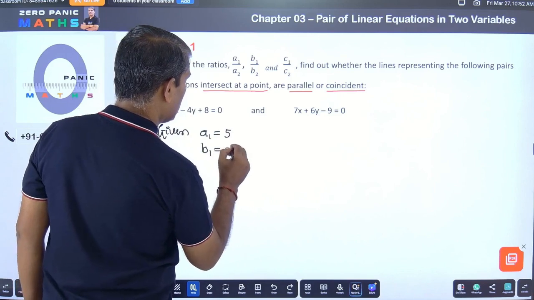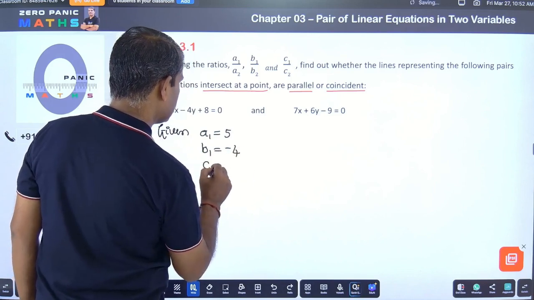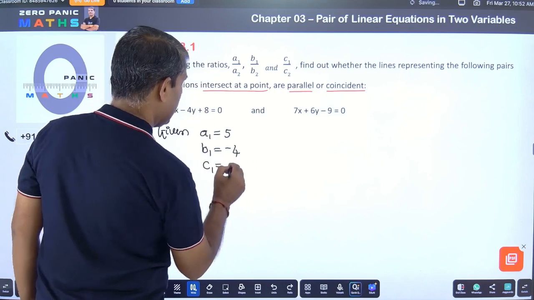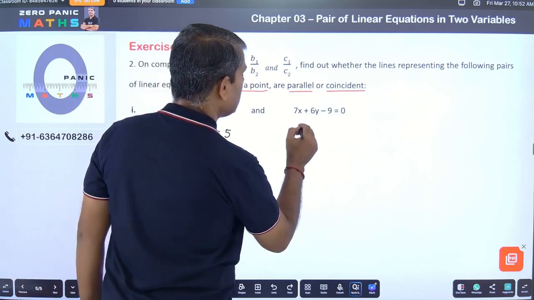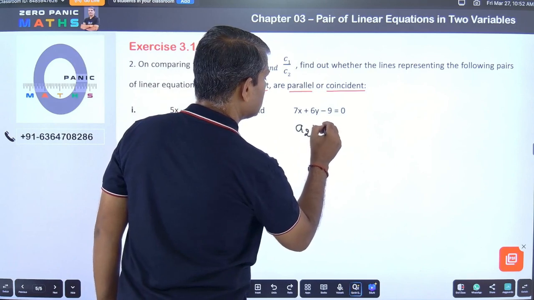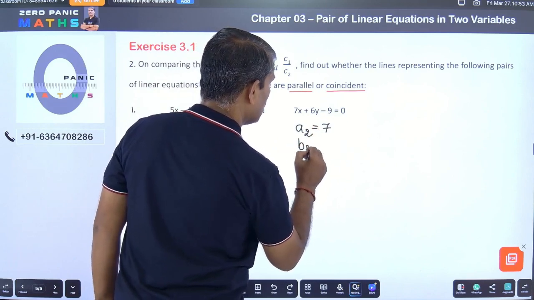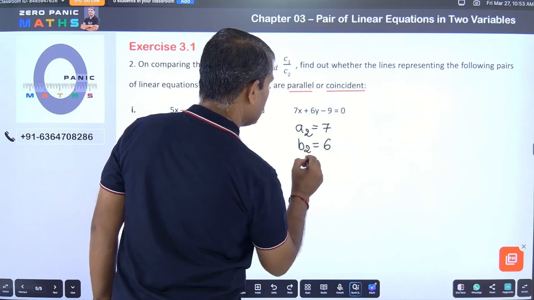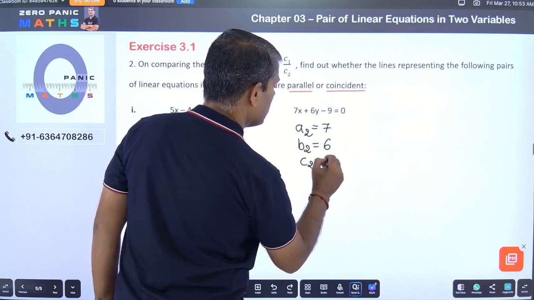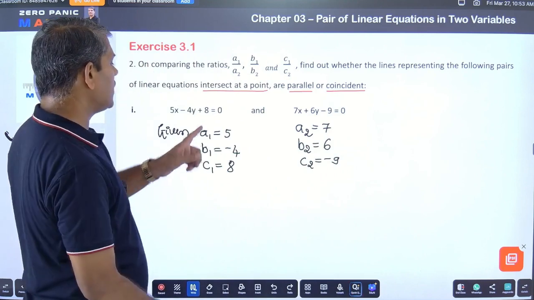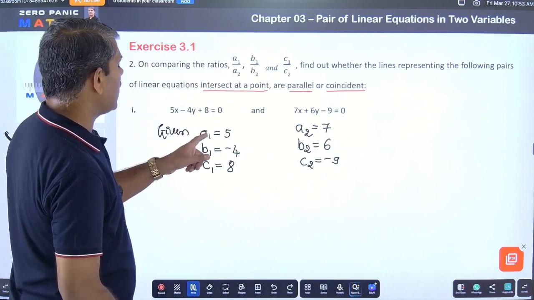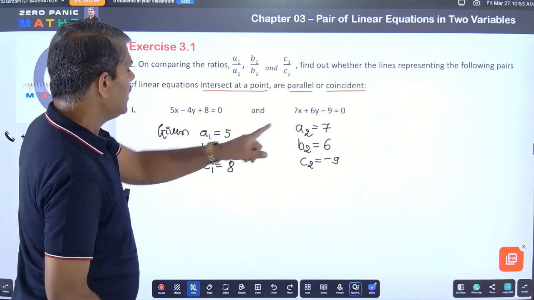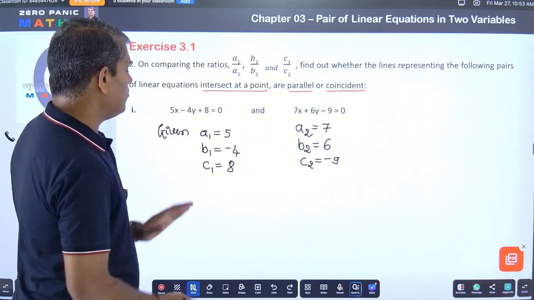This is -4. What is c1? This is 8. What is a2? It is 7. What is b2? It is 6. What is c2? -9.